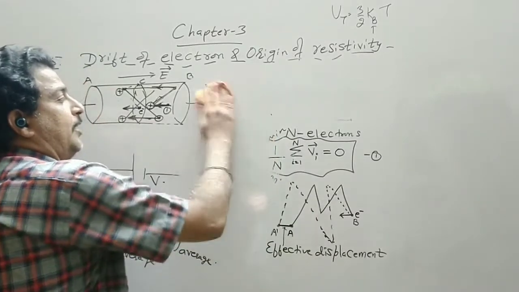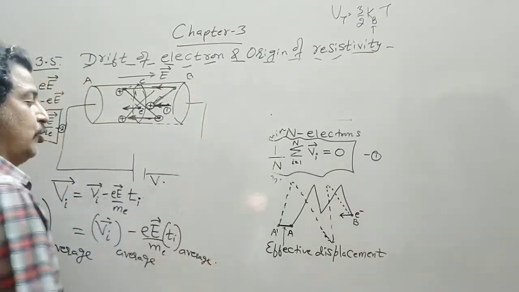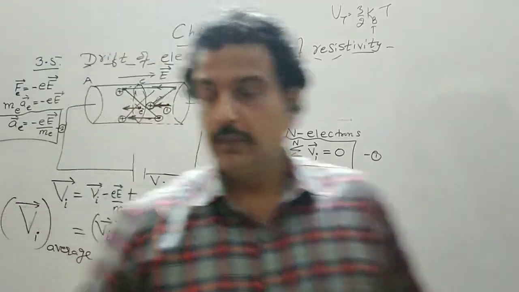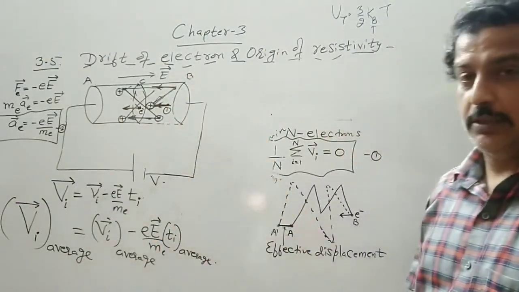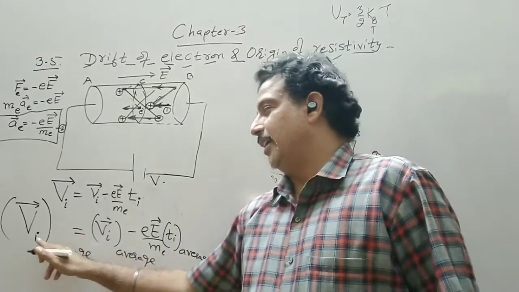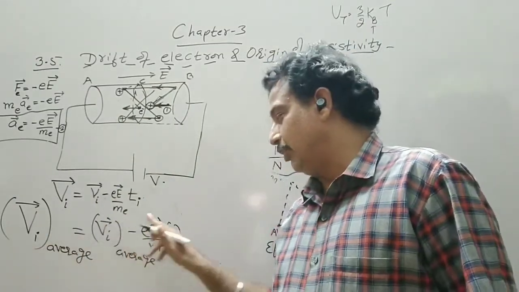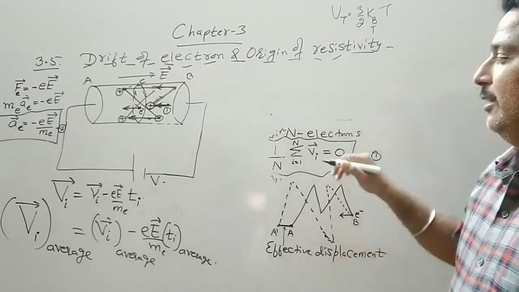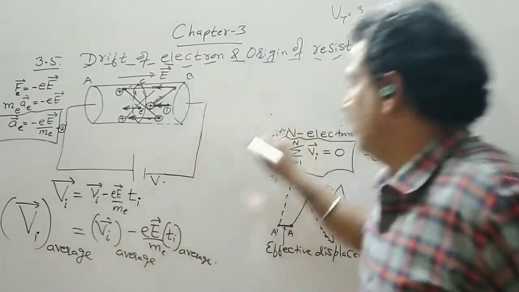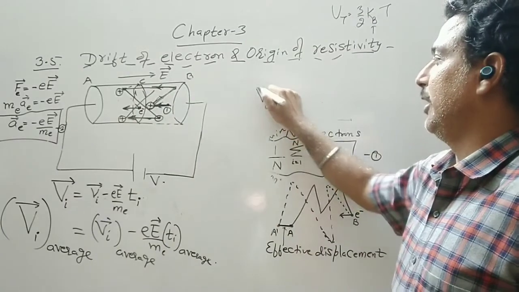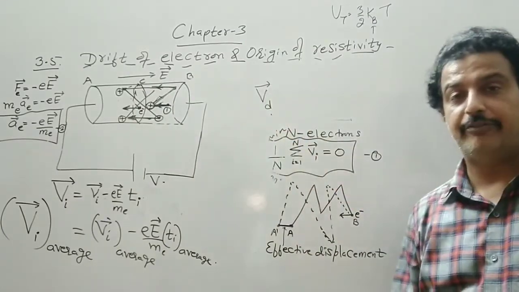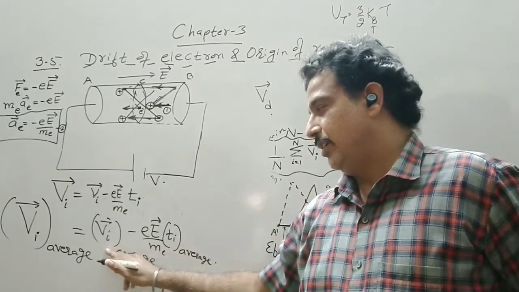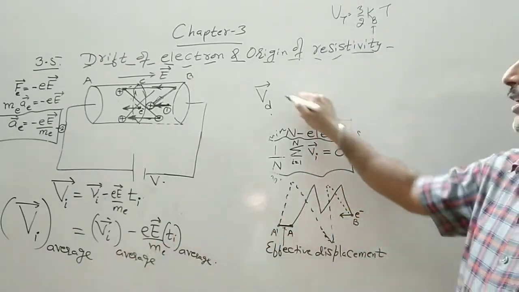The relaxation time for each and every electron at different instants will be different. Now I take n electrons, so i runs from 1 to n, and Ti average runs from 1 to n. This entire final average velocity is denoted by Vd, that is the drift velocity. And this average of the initial velocities is 0.